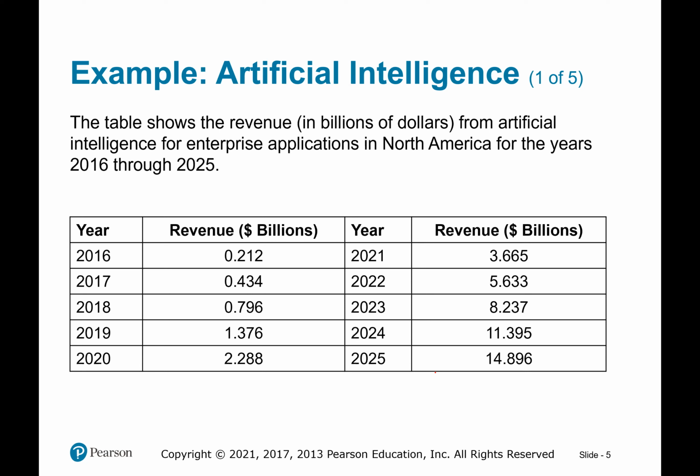So what are you going to put in? 2016 is how many years after 2015? 1. So in your first list, L1, you're going to put 1, 2, 3, 4, 5, 6, 7, 8, 9, and 10. And in your second list, you're going to put the revenue in billions of dollars.